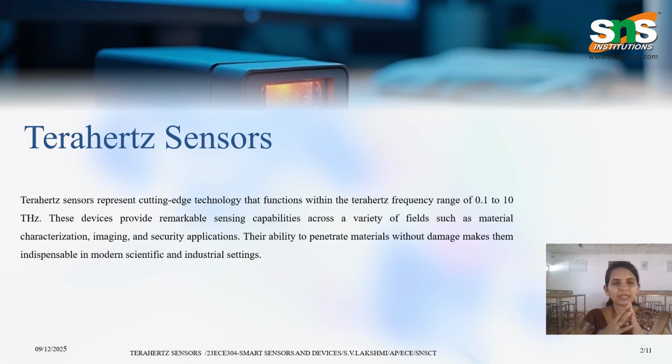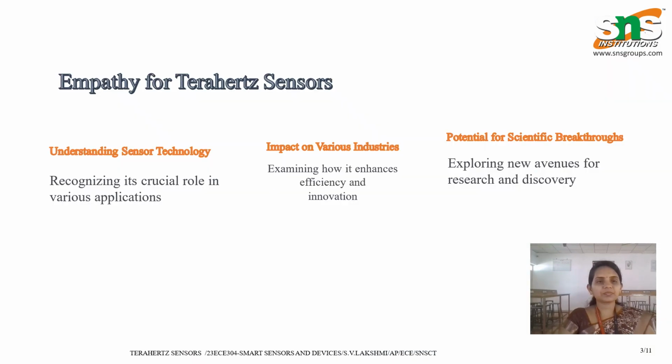They provide sensing capabilities across a variety of fields such as material characterization, imaging, security applications, etc. In the aerospace domain, for manufacturing components, these terahertz sensors are vital in identifying any subsurface defects in those manufacturing components. So here the frequency range is from 0.1 to 10 terahertz.